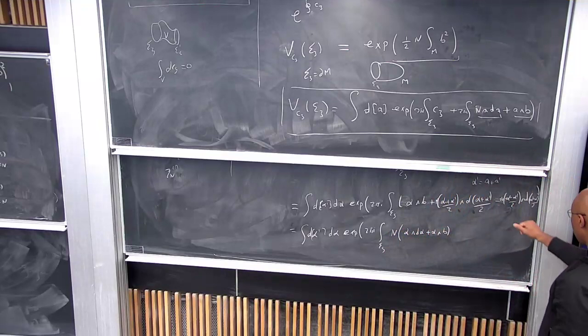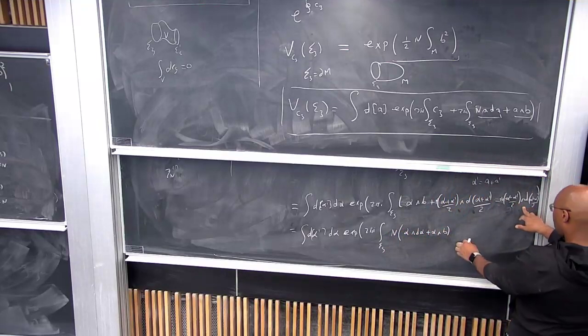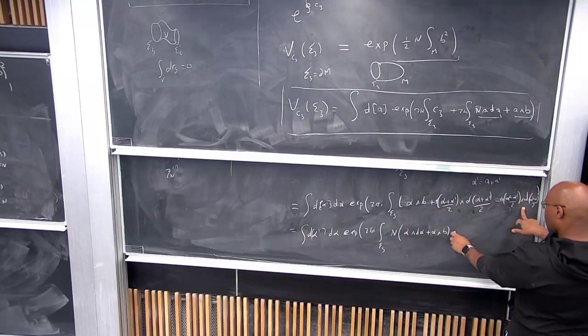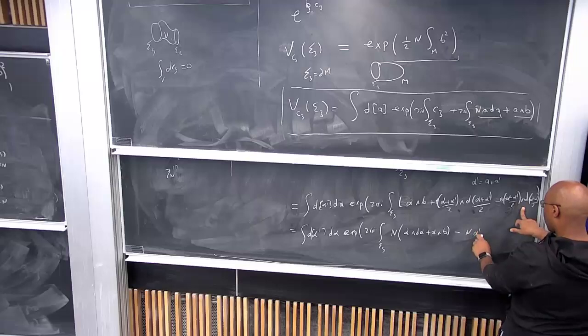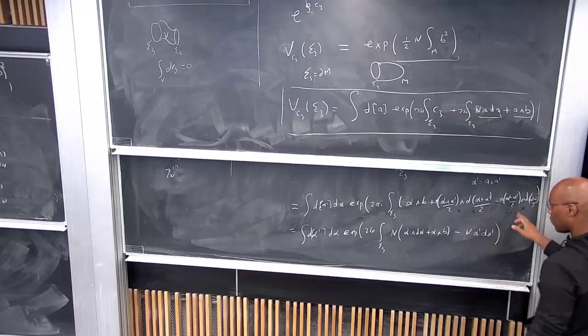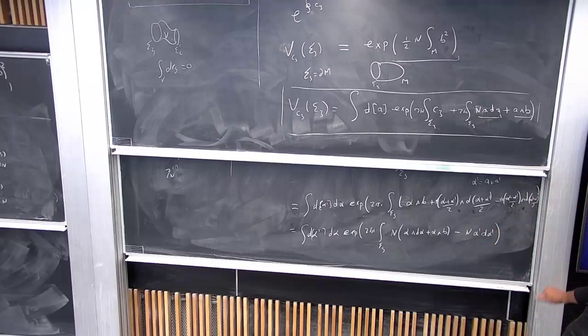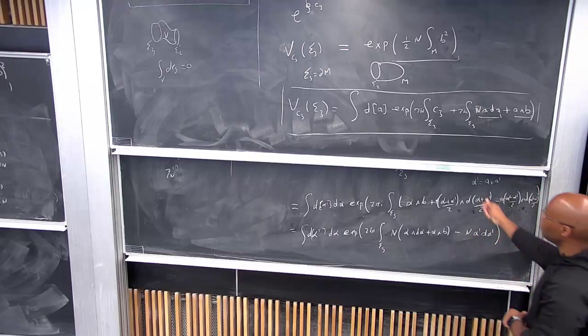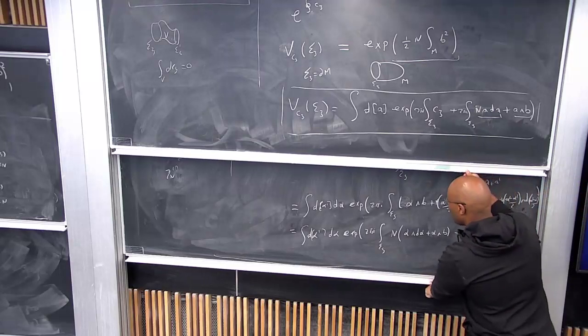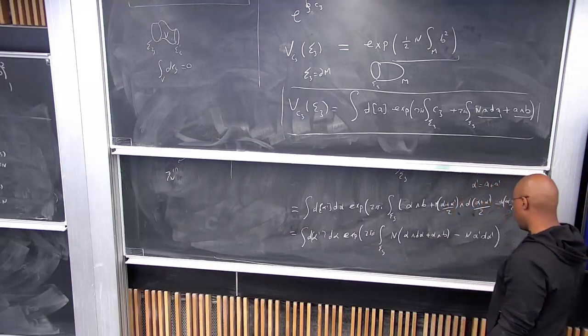And then I should have cancellations, minus and alpha prime. If I multiply two of these theories of this kind, this is what I should get. I have a minus.